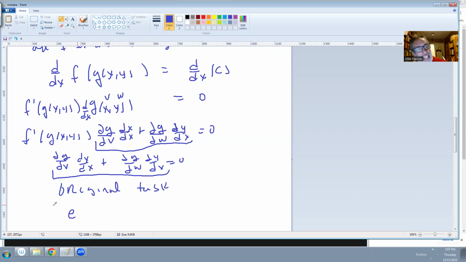And in our case, our g of x, y happened to be e to the x squared y. So this is a function of 2 variables. The partial of g with respect to v would be your 2xy, and this term right here would be your x squared dy dx.